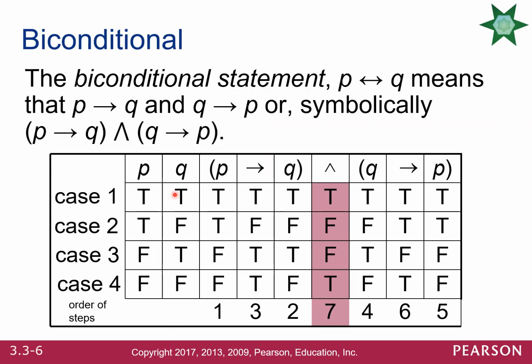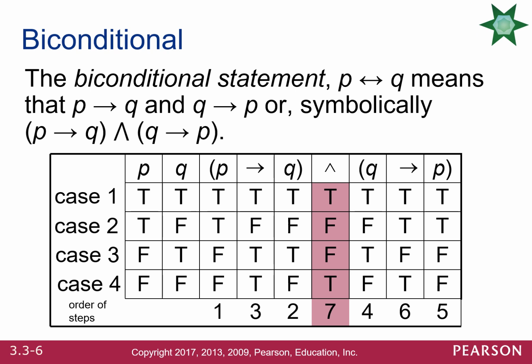Now we'll talk about the biconditional statement, and then we will construct a truth table for the biconditional. As you can see, the truth table is rather elaborate, but we will go through it step by step, break it up into parts. But let's first consider what biconditional is.